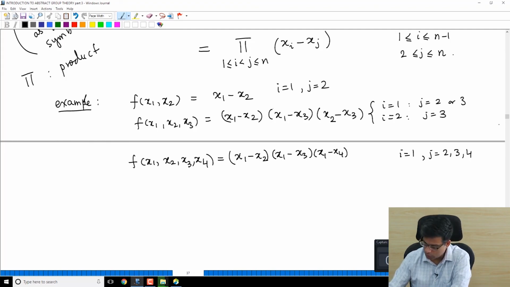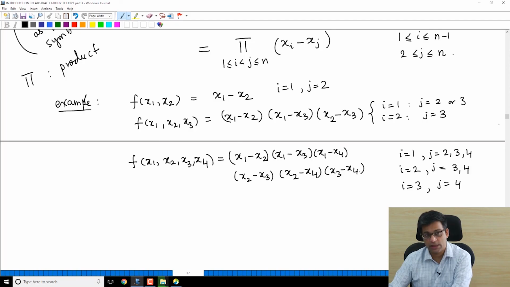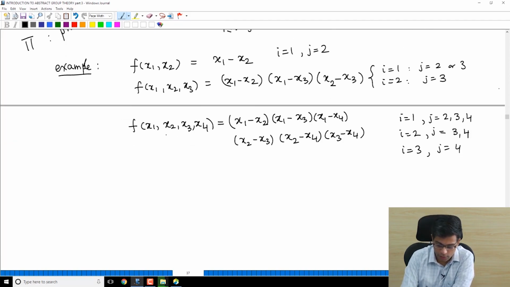For i equal to 2, j must be bigger than 2, so j is 3 or 4. So you have x2 minus x3, x2 minus x4. Then for i equal to 3, j must be 4, so you have x3 minus x4. So these are the 6 terms. This polynomial for x1, x2, x3, x4 will be these 6 terms, and so on.